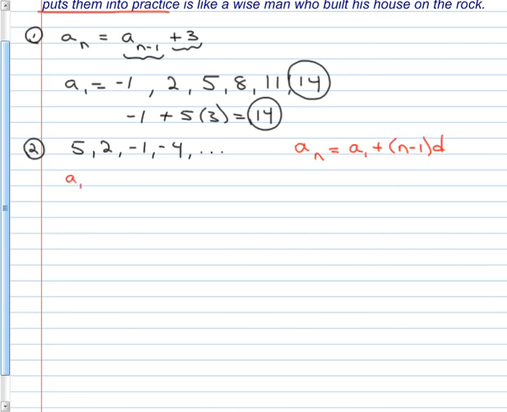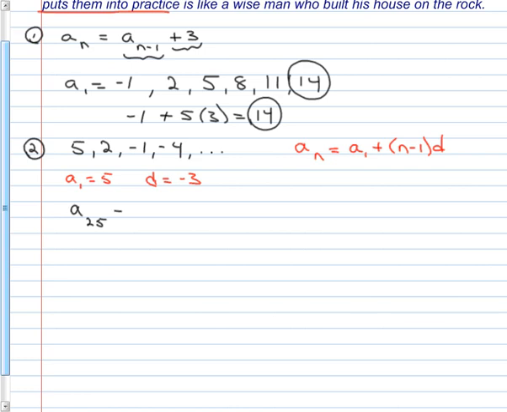We know our first term is 5 on this one. Our common difference, what are we adding each time? Negative 3. A negative 3 is being added each time. So we should be able to figure out what the 25th term is.